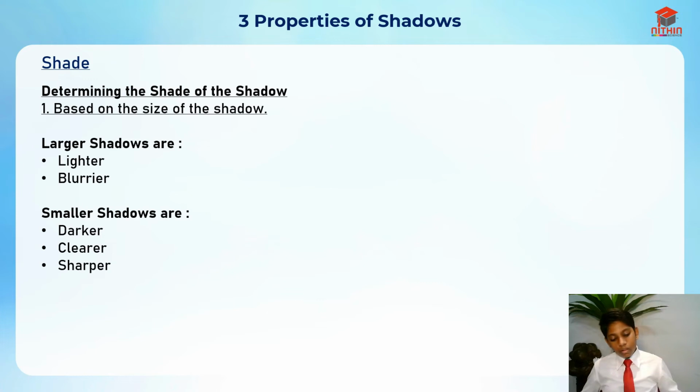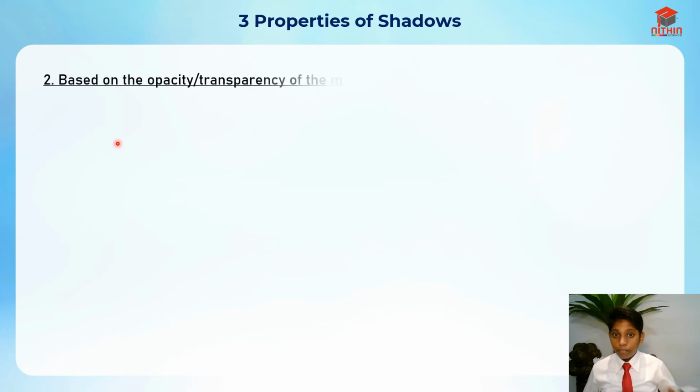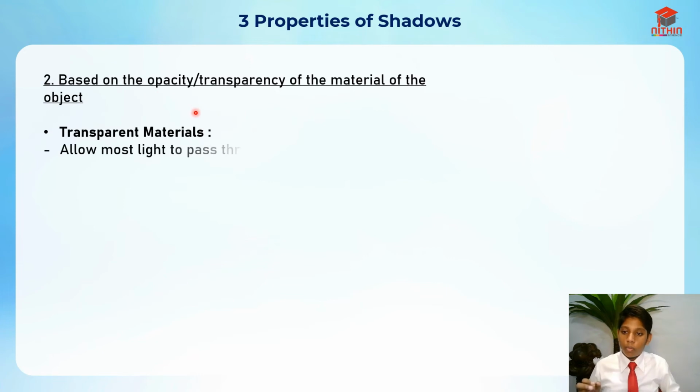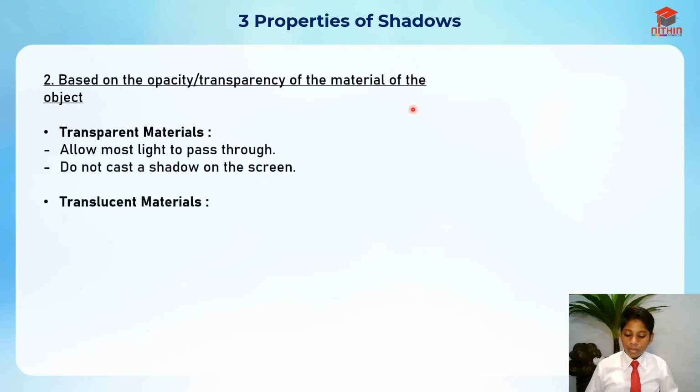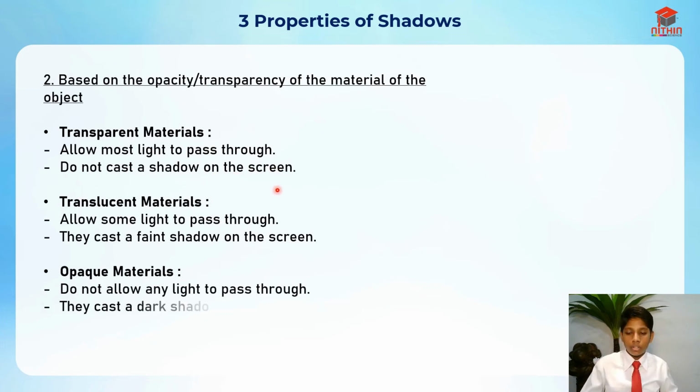Okay, so next, for shade itself, number 2 is based on the opacity or transparency of the material of the object. Transparent materials allow the most light to pass through, and they do not cast a shadow on the screen.